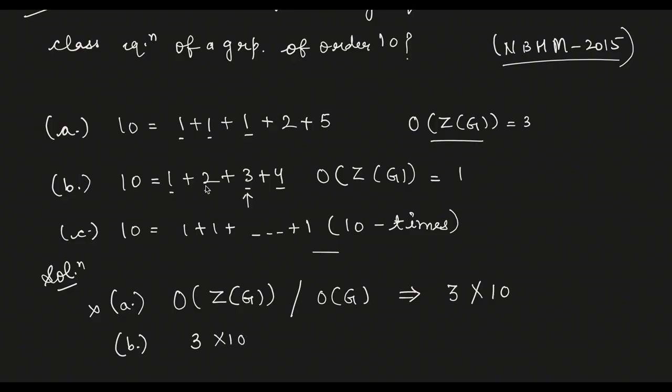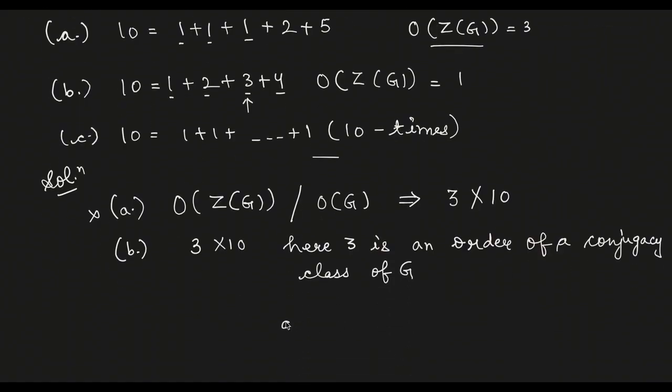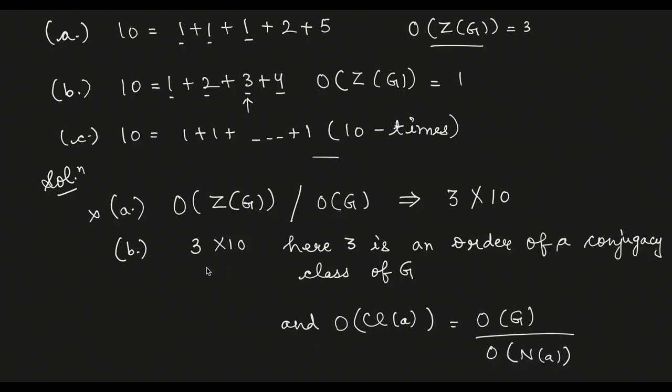Basically, these are the orders of conjugacy classes of G. Here 3 is an order of a conjugacy class of G, and the order of a conjugacy class is equal to the order of group G divided by the order of the normalizer. So it must divide the order of group G. So option B is also discarded.